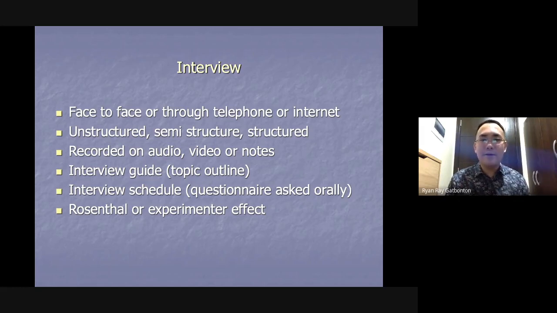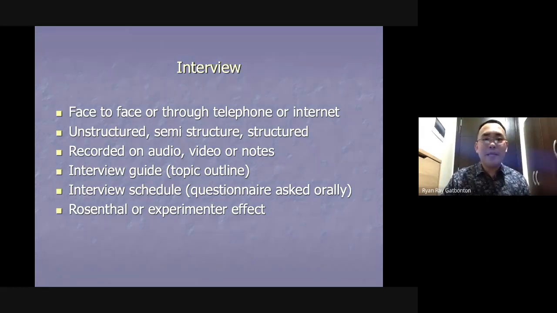However, in video recording, you also have to transcribe the facial expressions and gestures of your interviewee, or even take down notes. Just make sure that when you record an interview, you ask for permission from the respondent. But if they don't want to be recorded, that should be fine with you.